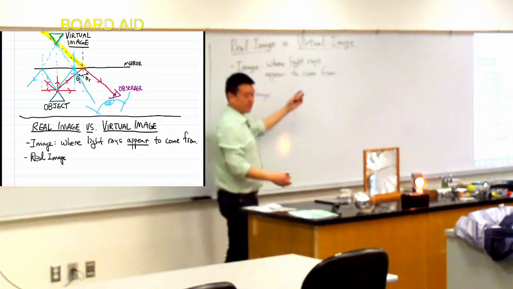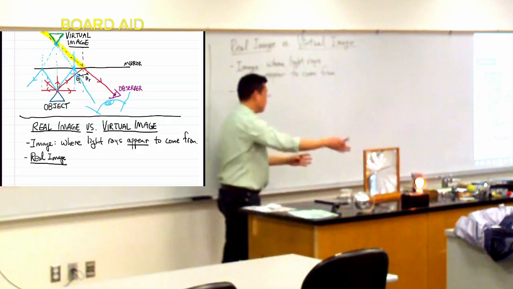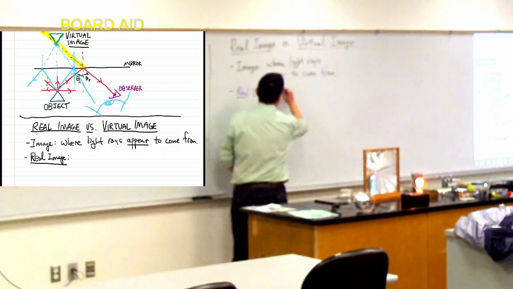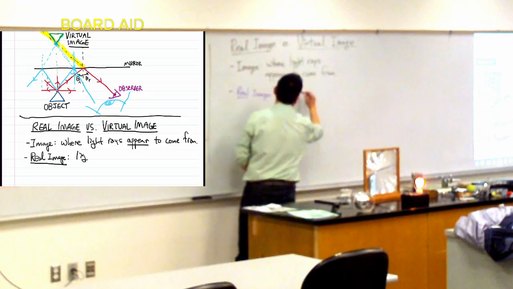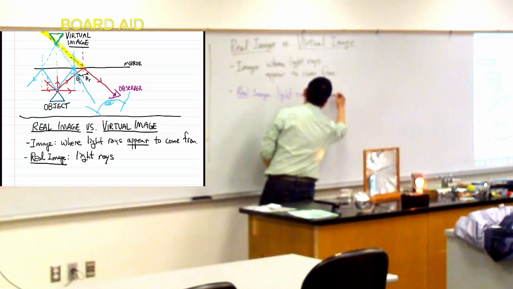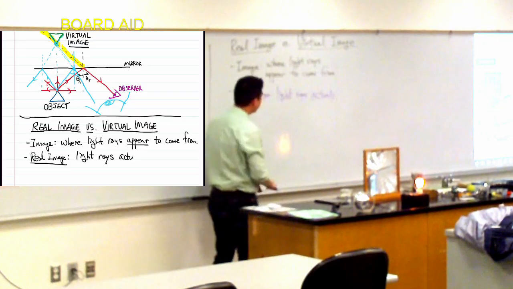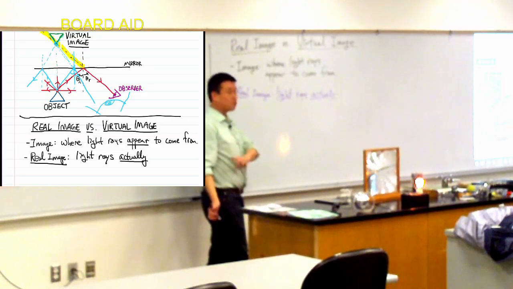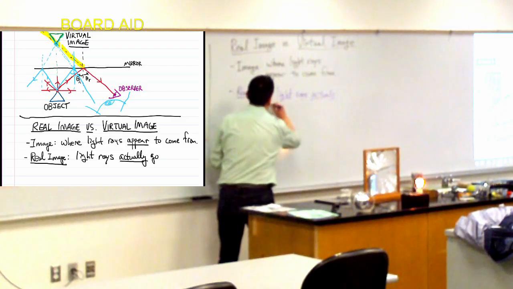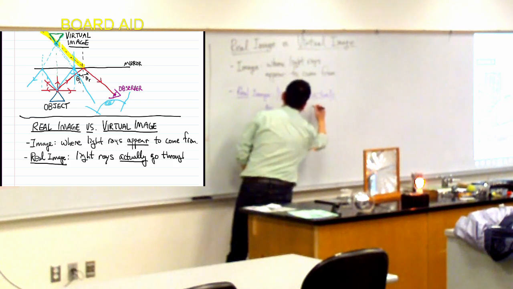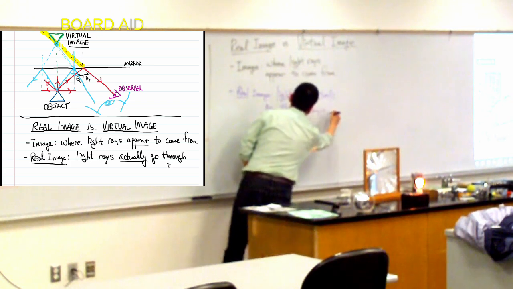I mean, originally from the object, but through the intermediate step, it actually does come from the image. So light rays actually come from doesn't sound quite right. I want to say go through. Light rays actually go through the image. So that's the distinction.